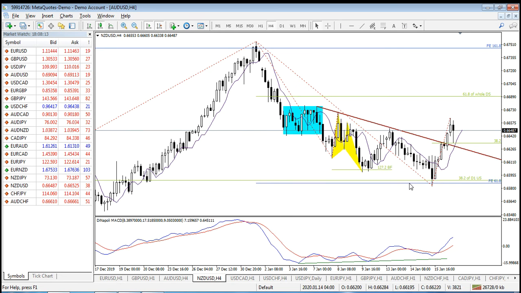But if NZD itself comes down and starts trading below this trend line, then we'll have to look for further development. Let's say price comes down, starts trading below, again retraces to the upside, but again bounces to the downside from this trend line, then definitely bulls are dead and we have to exit the buy position.